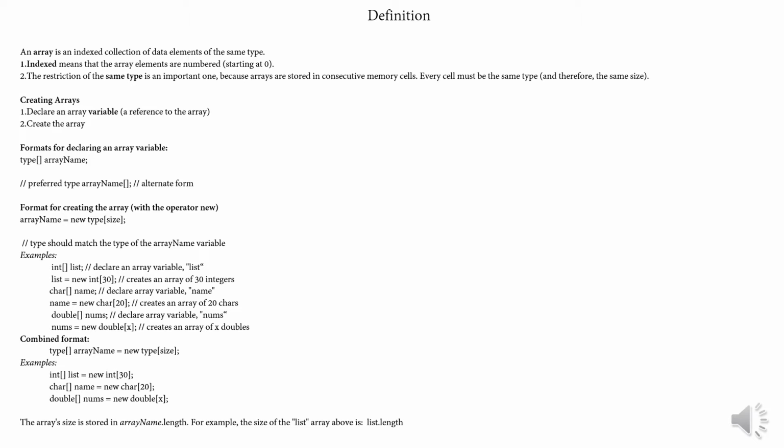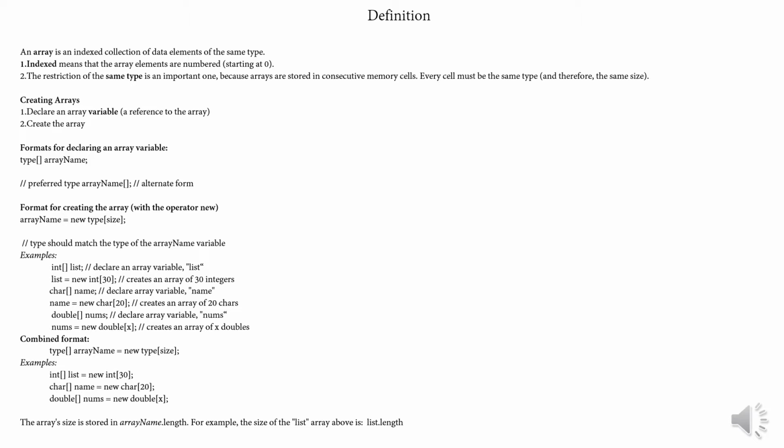There is a very simple point here, that we can combine these two steps into one final step, right? So we can declare and create an array in one step: type array name equals new type and then size. For example, int list equals new int 30, or char name equals new char 20, right?